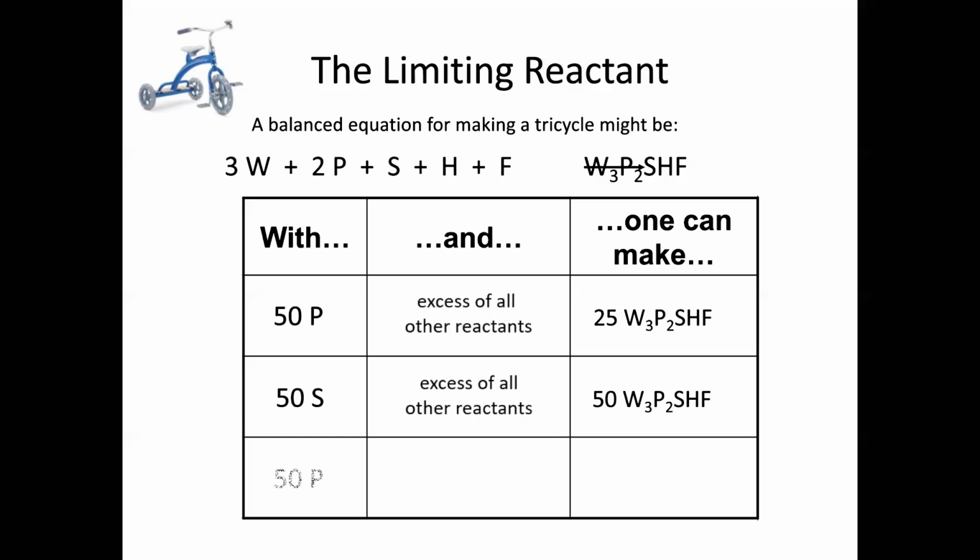That's an easy 1-to-1. And then the same thing as with the Big Mac example, if you've got 50 pedals and 50 seats, you look at which one will result in the lowest number, and it will make only those. I will have bought way too many seats, and my boss at the tricycle shop will fire me.